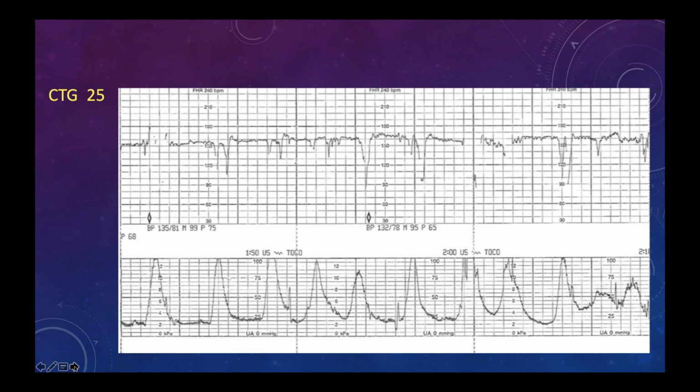Okay, in this 10 minutes tracing, there are contractions 1, 2, 3, 4. 4 contractions in 10 minutes, and the baseline fetal heart rate is, I cannot say.